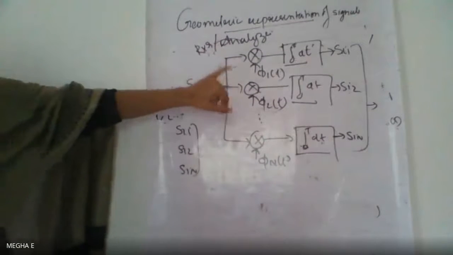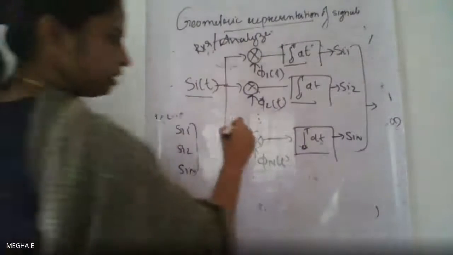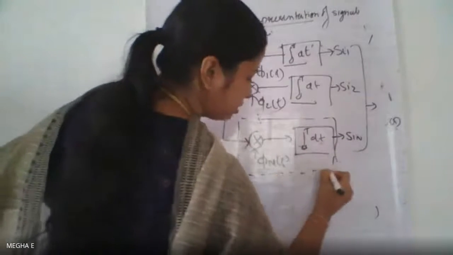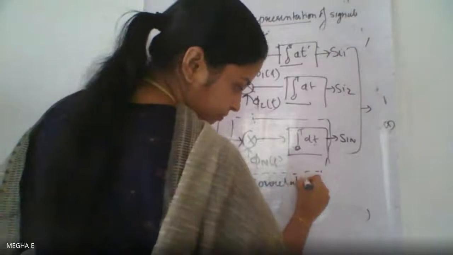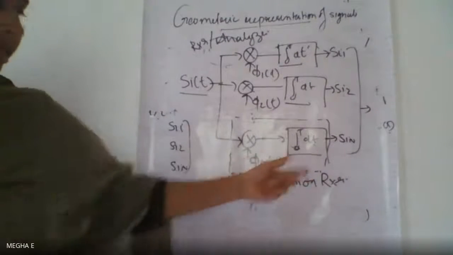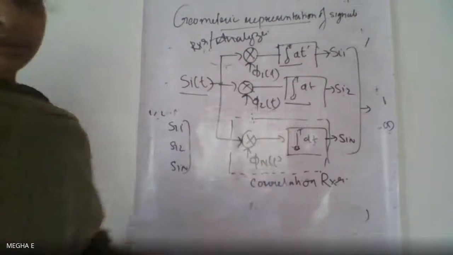A signal Si of t is given to a product modulator followed by integrator. This product modulator followed by integrator is called a correlation receiver. Correlation receiver. ഈ ബ്ലോക്കിനെയാണ് correlation receiver എന്ന് പറയുന്നത്.